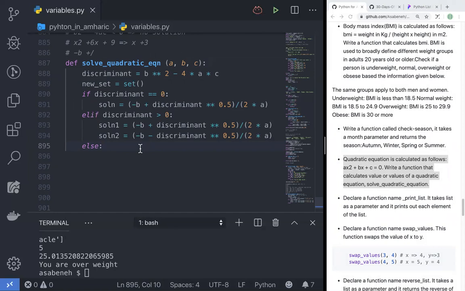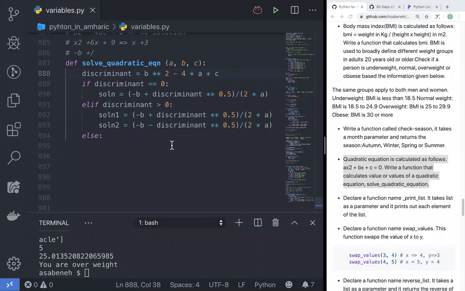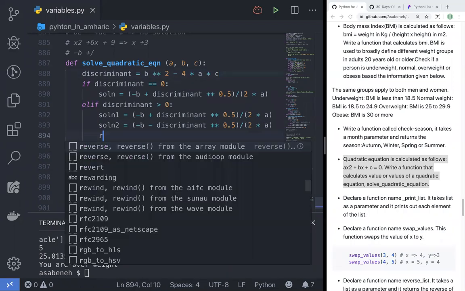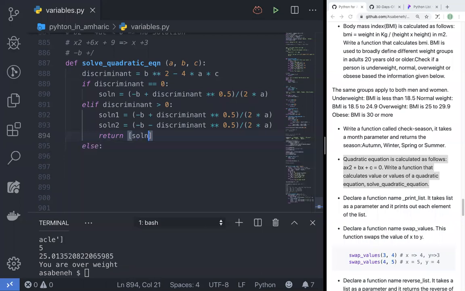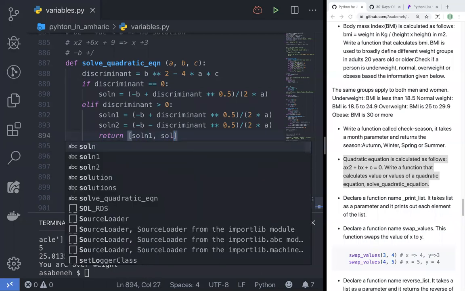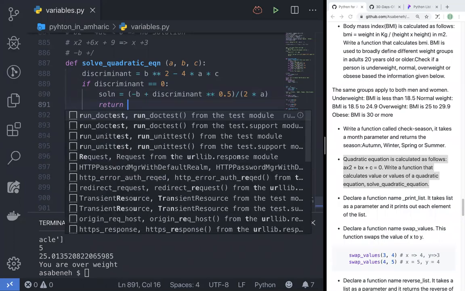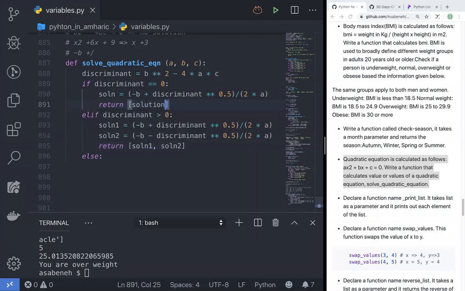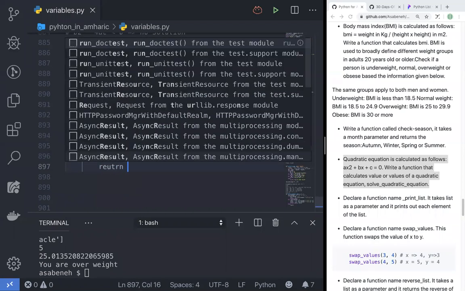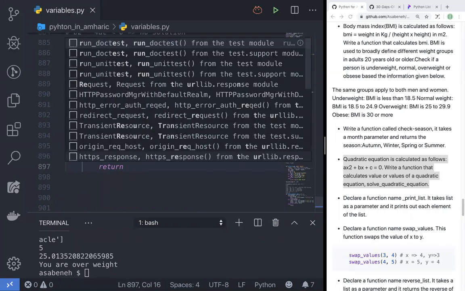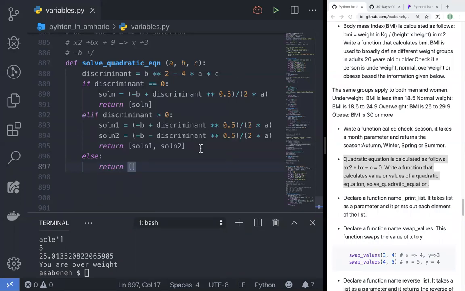We can return it as a set, or just as an array, which is easy. We can return solution 1 and solution 2, or just solution 1, or nothing.